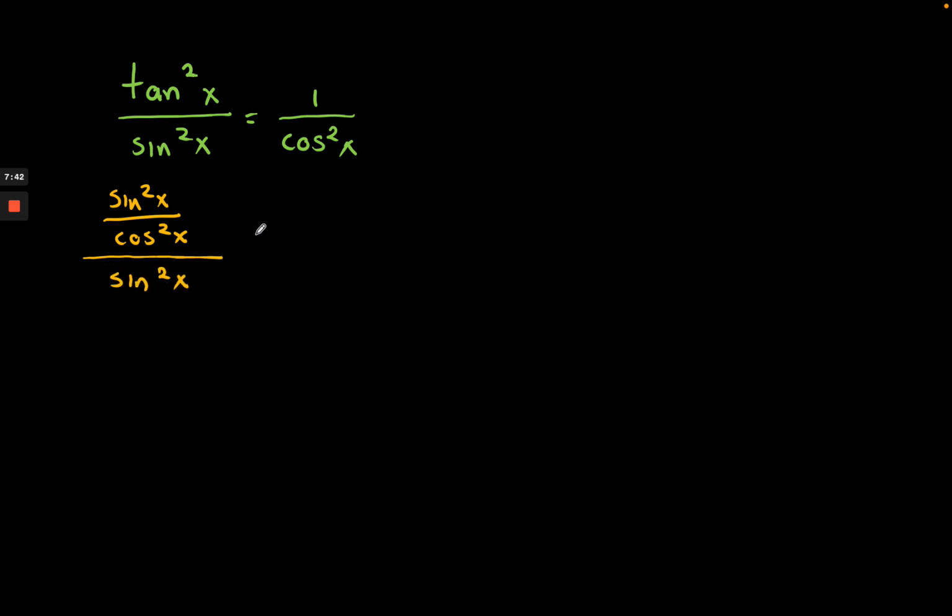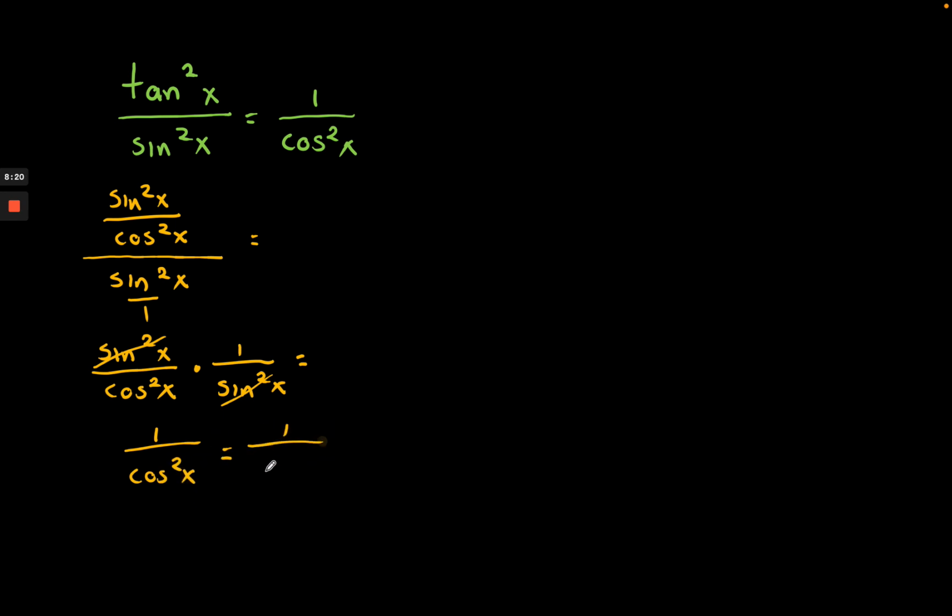And then I'm going to flip and multiply. Remember, this is over 1, so we're going to go ahead and flip and multiply. So sine squared x over cosine squared x times 1 over sine squared x. Then we can cancel these sine squares out, and we're left with 1 over cosine squared x equals, sure enough, 1 over cosine squared x. Boom, we're done.